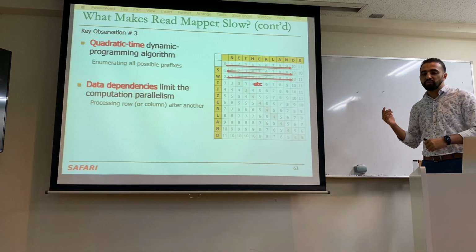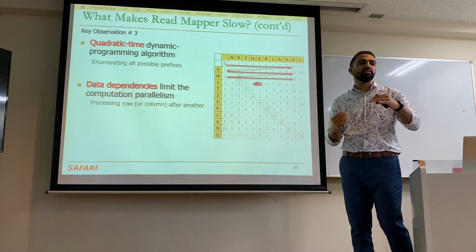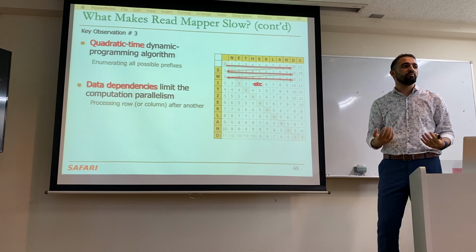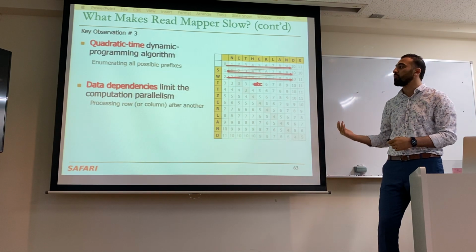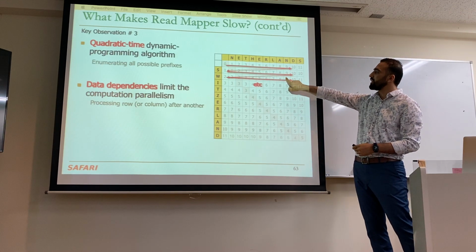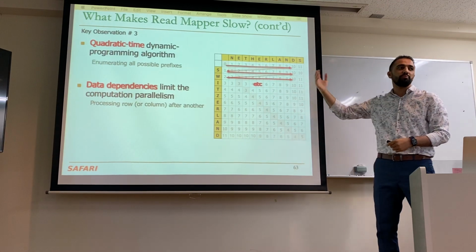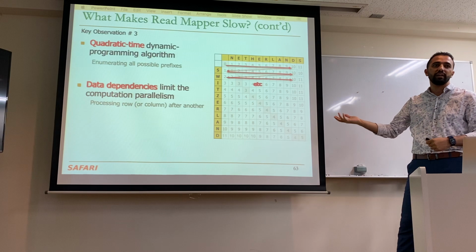So one thing about storing these previously computed results is that there are data dependencies. So I cannot accelerate this dynamic programming algorithm. Why is that? As I mentioned, for each cell, I need to revisit another 3 previously computed cells.